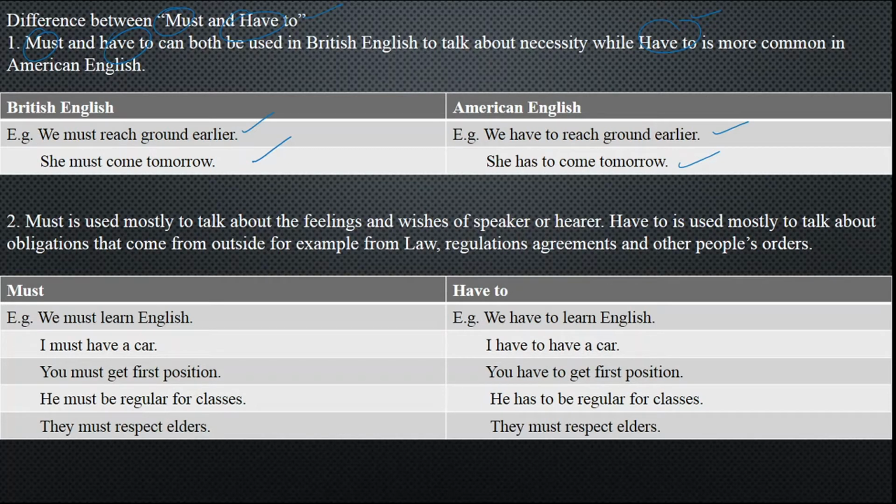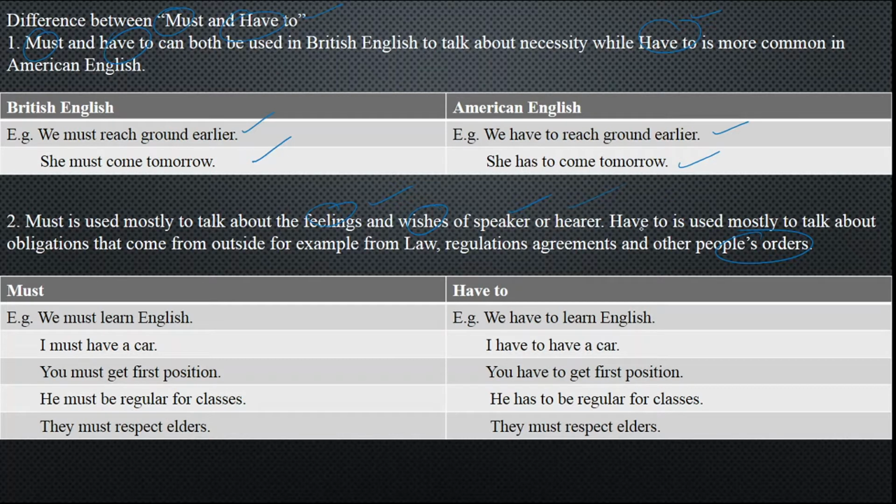The second important point we are going to discuss is about the modal auxiliary verb must and have to. Must is used mostly to talk about the feelings and wishes of a speaker or hearer. Have to is used mostly to talk about obligations that come from outside, for example, from law, regulations, agreements, and other people's orders. With must, the speaker just expresses his feelings or wishes.